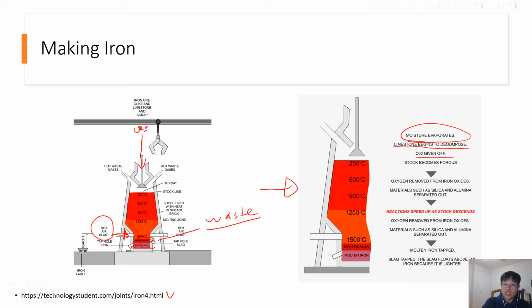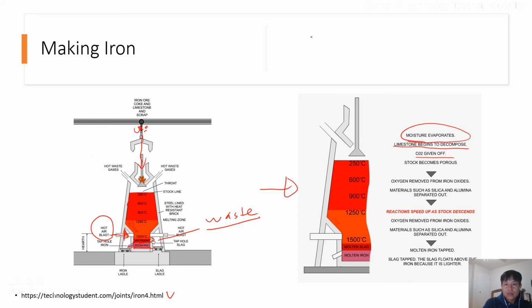So impurities include lots of minerals such as silicon or phosphorus or sulfur, manganese. These are common minerals that come with iron.